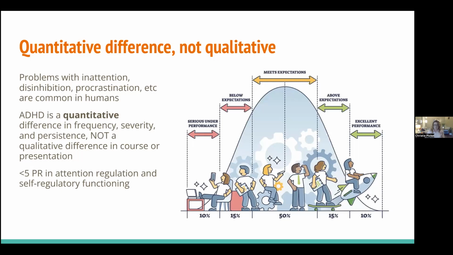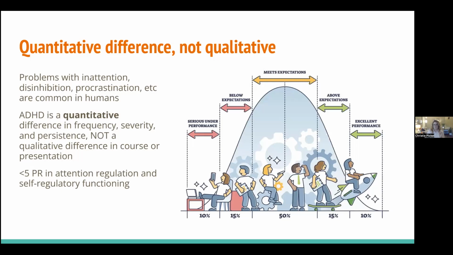What sets ADHD apart is a quantitative difference in frequency, severity, and persistence. So we have this spectrum of normative attention, self-regulation, and functioning, and folks with ADHD are going to fall in the really low end of the spectrum. They're having more of these problems, they're experiencing more impairment from these problems, and the problems are lasting longer than would be expected.